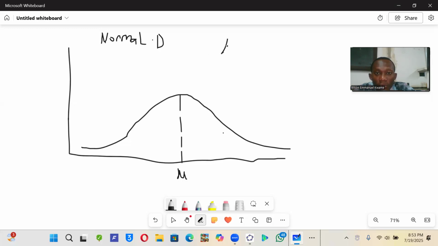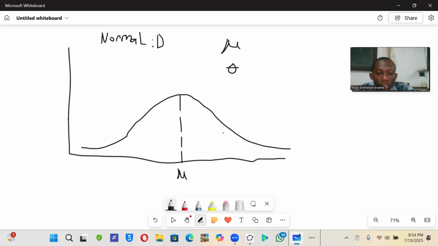The first thing is the mu, which is our mean. The second is our standard deviation, right? Whenever they give us a question, these two things will be given to us: the mean of the distribution and the standard deviation of the distribution. The standard deviation is how the individual values or points deviate from the mean.